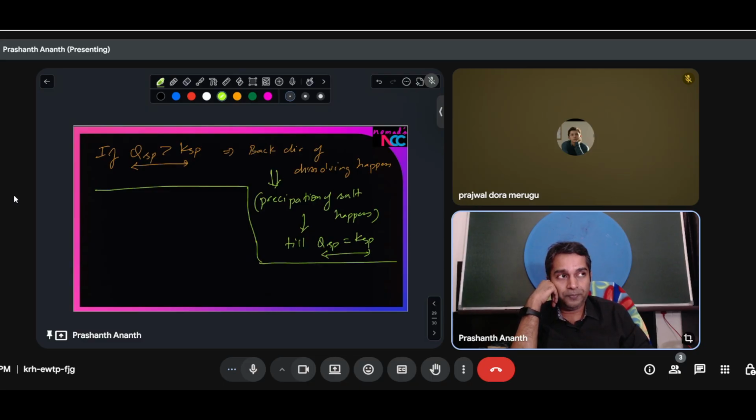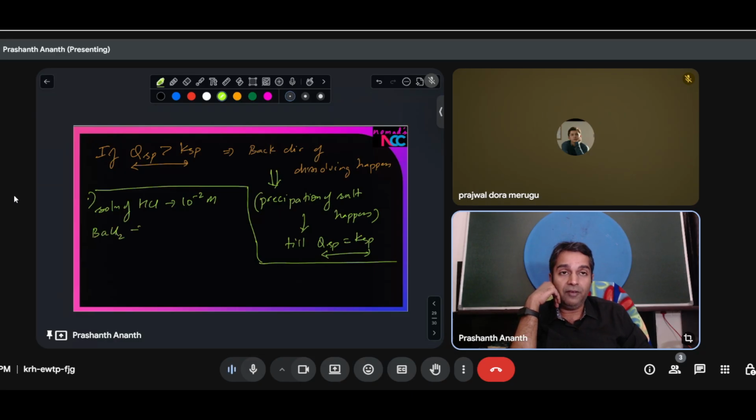Let's say I'm having a solution of HCl, which is going to be say 10 power minus 2 molar. Let's say I'm going to give you barium chloride.